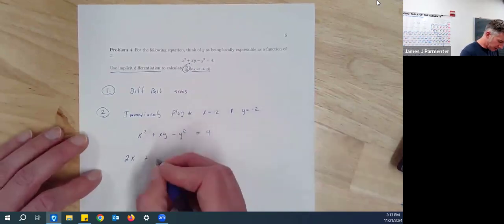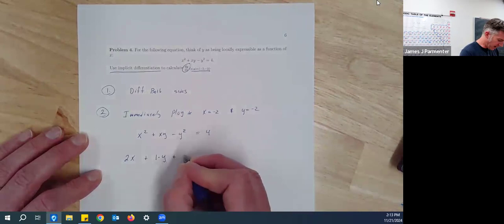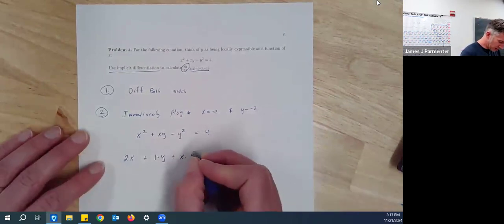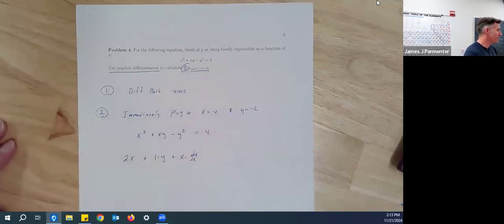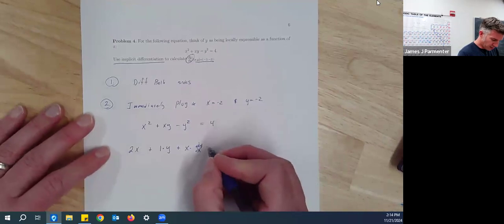So it's the derivative of x, which is 1, times y, plus x times the derivative of y. That one always seems to throw people off a little bit, but the derivative of y is literally just dy/dx, the derivative of y with respect to x. You can also write y prime, if that's your preference.